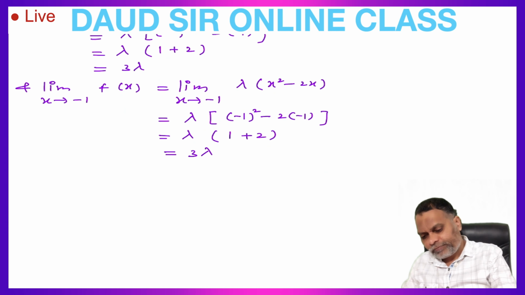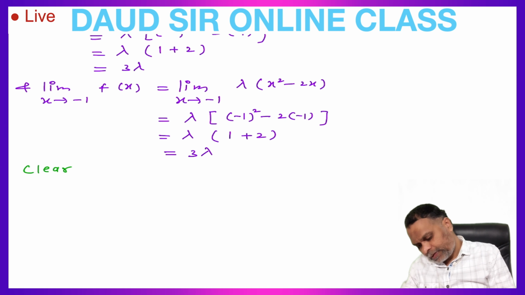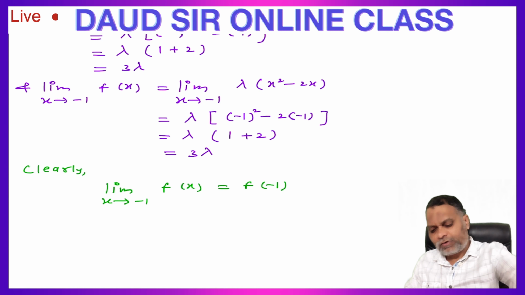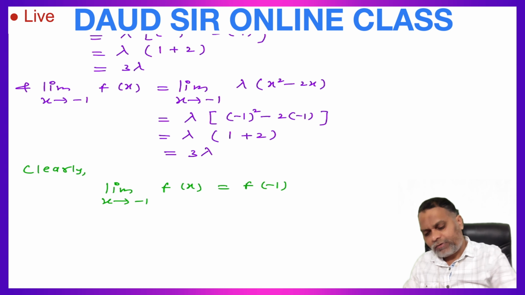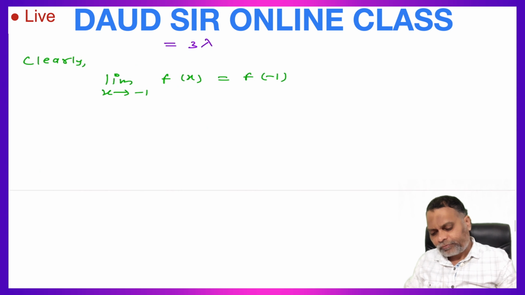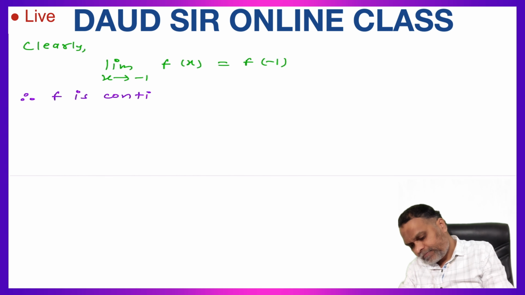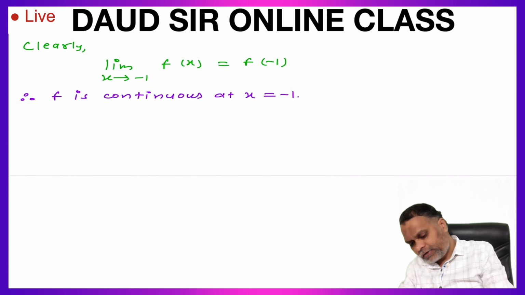So clearly, limit x tends to minus 1, f of x is equal to f of minus 1. Both values are equal to 3 lambda. Therefore, f is continuous at x is equal to minus 1.